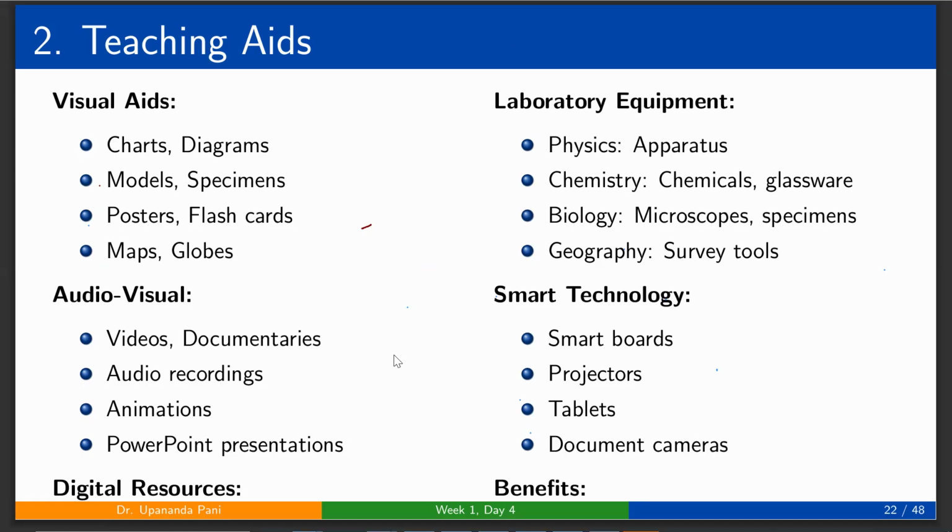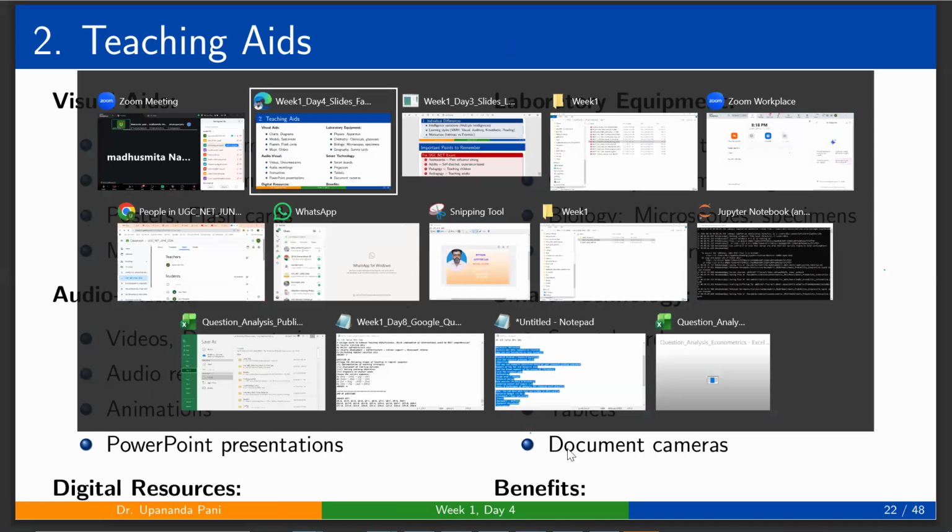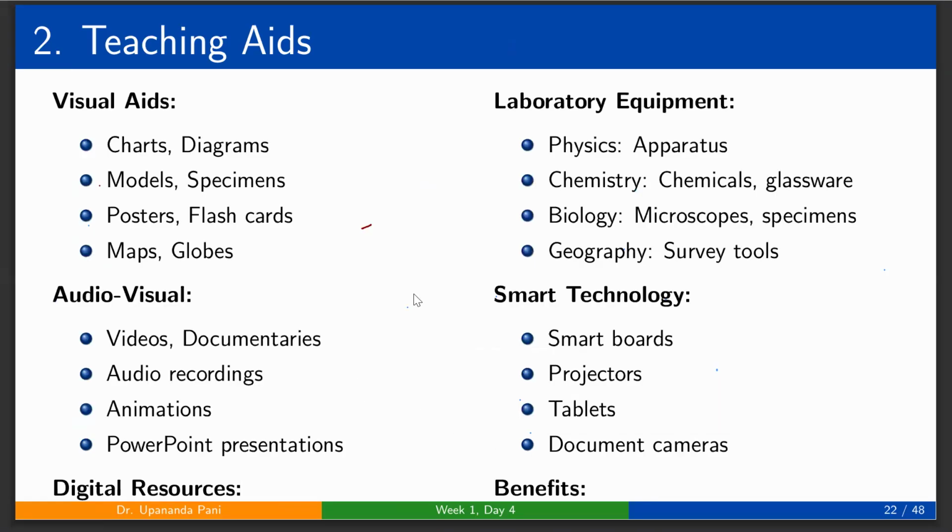So now let's go back. Visual aids. Why are teaching aids very important? Charts and diagrams, models and specimens, posters and flashcards, maps and globes. When I went through teacher training in my career, one of my teachers told me to use visual aids all the time.